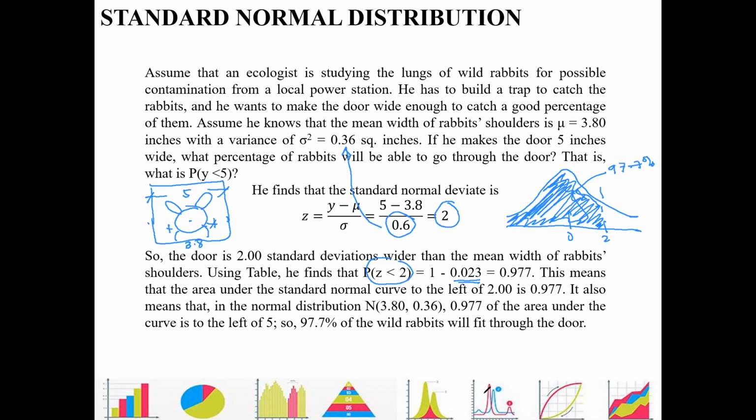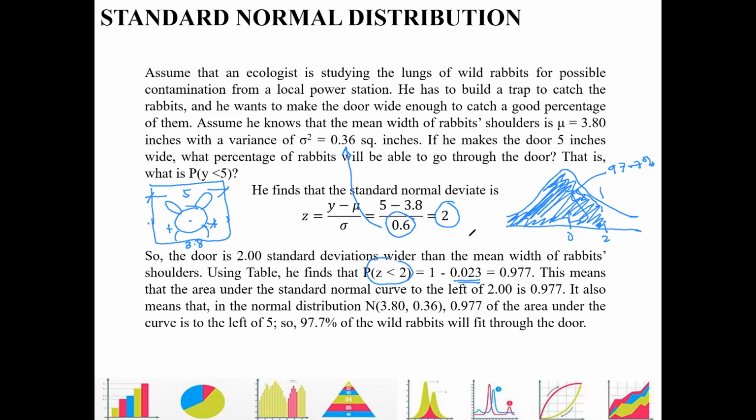So ibig sabihin, yung normal distribution is 97.7% ang pwedeng makapasok na rabbit. So it also means that in the normal distribution with mean 3.8 and variance 0.36, 97.7% of that area under the curve is to the left of 5, so that 97.7% of the wild rabbit will fit through the door.